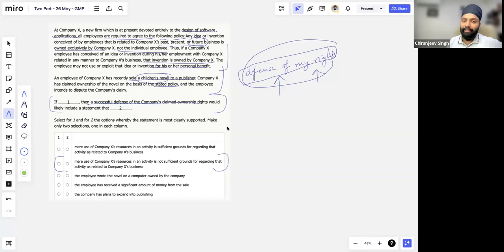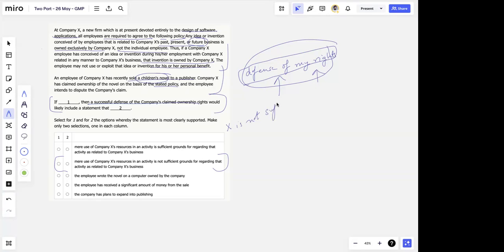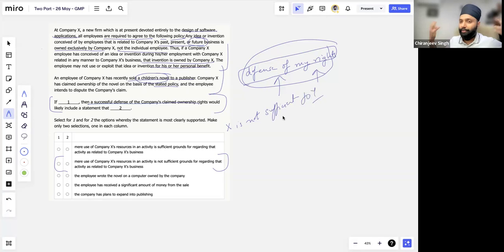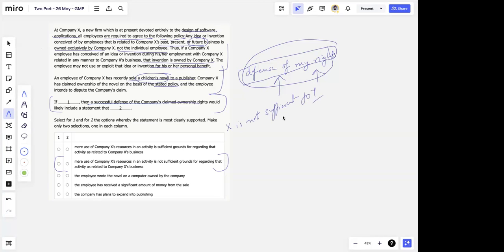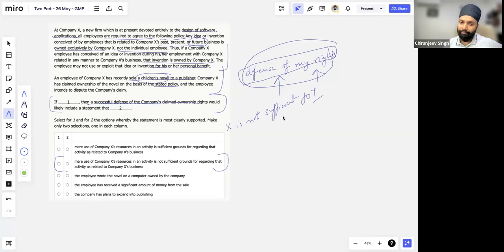Okay, so the structure is X is not sufficient for Y, and you are saying the statement is about just Y, completely disregarding X. The statement is that it is not sufficient for Y. Yeah, I think I didn't focus on the first part, mere use of company access resources. And after your explanation, I got it actually.